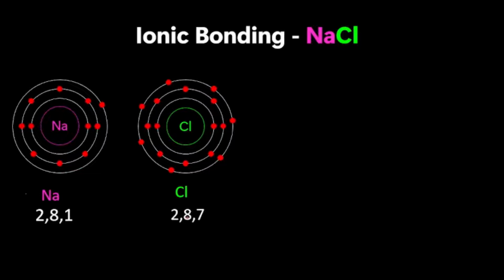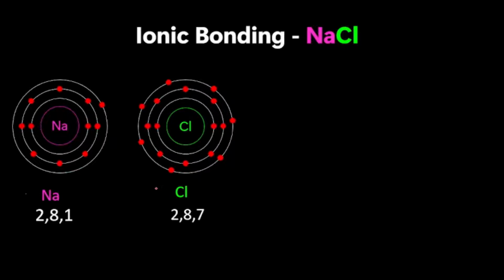And here chlorine has 7 electrons in its valence shell, 1 electron less for octet. So if it gets one more electron, it will have 8 electrons in its valence shell, which is the complete octet electronic configuration. So sodium is ready to remove electron and chlorine is ready to accept electron.